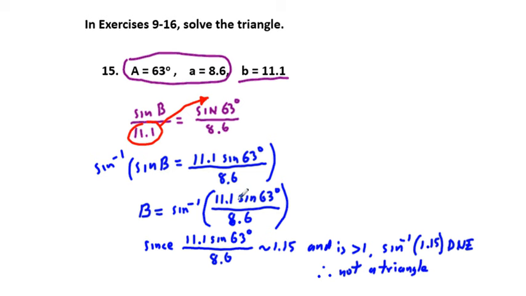To get this number under 1, this number in the denominator would have to be somewhat bigger than 8.6. So that's going to be our answer for problem 15. And I messed up a little bit by using 61 degrees in the calculator, but the end result is still the same.